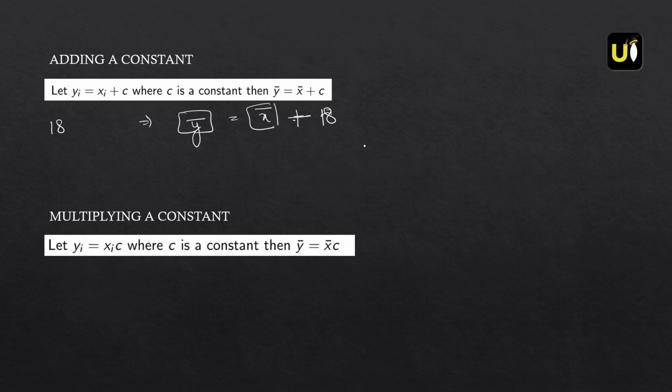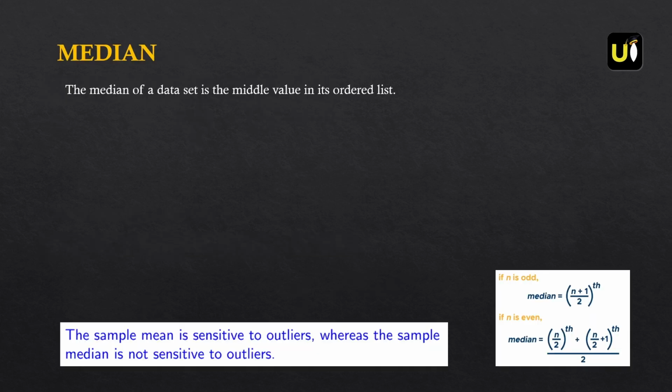So this is how you calculate while adding a constant. Similarly, for multiplying by a constant, we will multiply the mean with that constant. So if multiplied by 18, the mean will be the initial mean into 18.